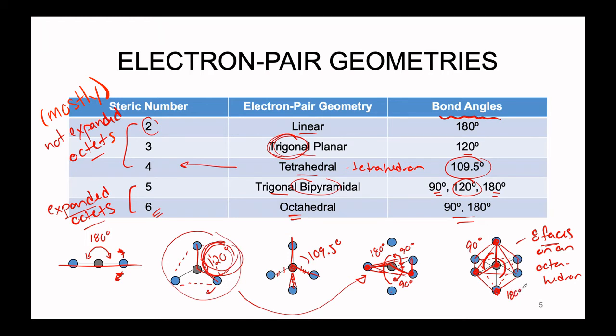It is a perfect 180 degrees. And if we wanted to draw the bonding angle from, let's say, this point in the back through the center to the point in the front right, we would be able to tell that this is also a straight line, which is also going to be 180 degrees. So we have 90-degree options and 180-degree options in the octahedral geometry everywhere. So the octahedral geometry is going to be the largest electron pair geometry that we are going to observe.